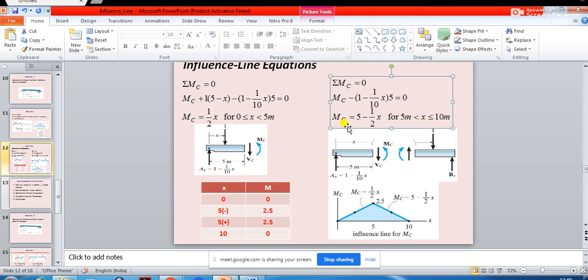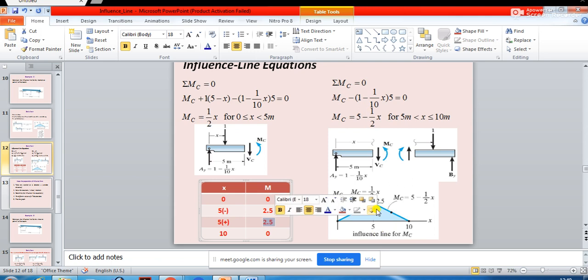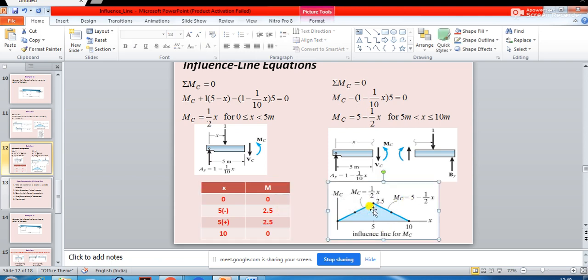You will have to use this equation. For 5 plus, if you put 5 here, then 5 minus 5 by 2 is going to give you 2.5. Is it clear? So at the point C, continuity is being maintained. That means just left of C it is 2.5, and just right of C the bending moment is also 2.5.